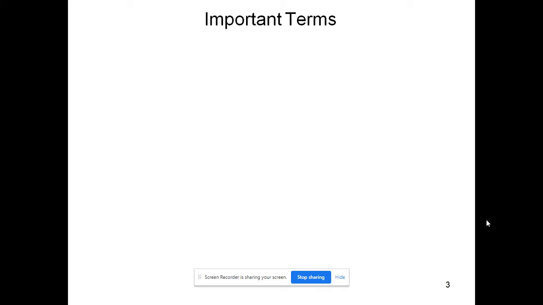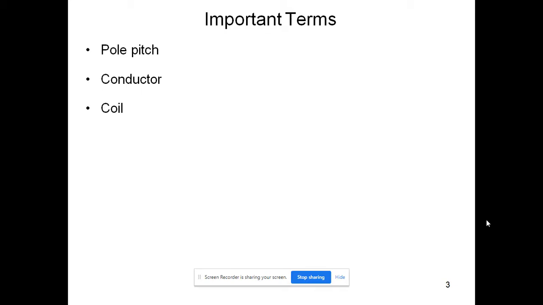First, let us know the important terms used. First one is pole pitch and conductor. I will be explaining all these in the next slides.